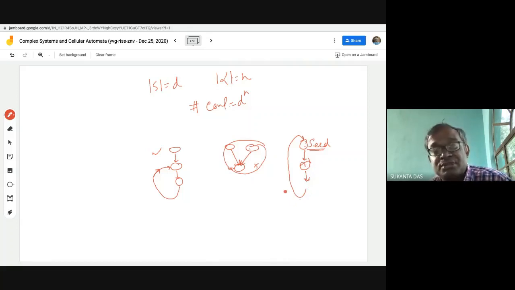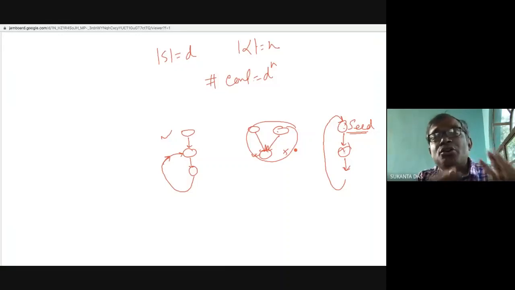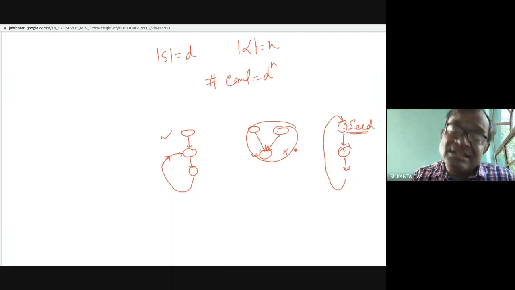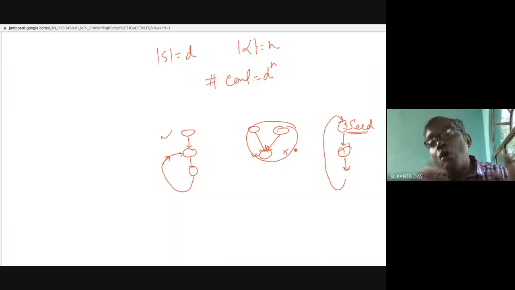According to our definition of cyclic configuration, a configuration is cyclic if it lies in a cycle. So therefore here you can say all the configurations are cyclic, right? So from the original definition, we say that a CA is reversible if all of its configurations are cyclic, right?